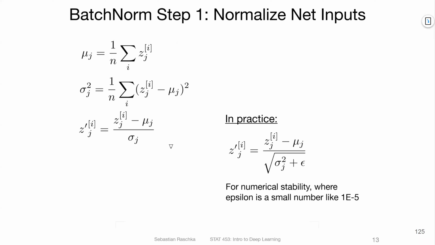In practice, rather than just dividing by the standard deviation, we add a small number here for numerical stability. When this value becomes 0, it would cause a division by 0 error. To avoid that, we add a small number epsilon here.